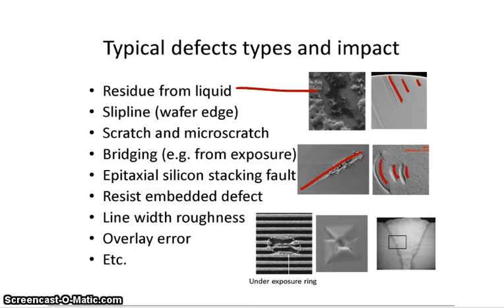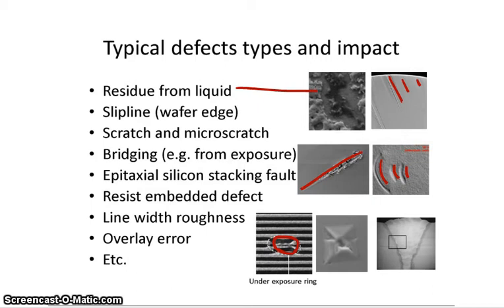And there can be bridging, maybe from the exposure. Here is an example from under exposure. There's a ring here, under exposure. And there are some epi-silicon stacking faults. We learned in the class that we have some epi-silicon growth in the FinFET.